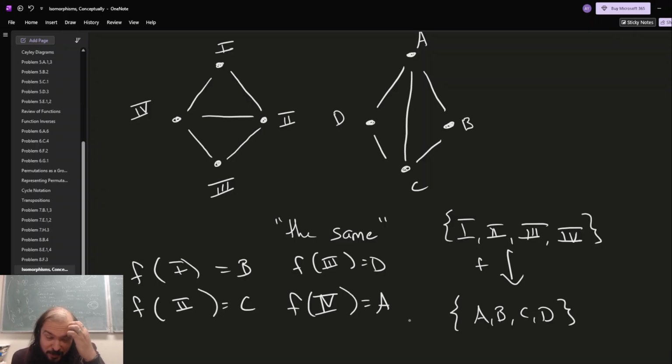And if I've done this right, you guys should probably check over my work, what I've done here is I have essentially rotated one graph onto the other so that now all the edges line up in exactly the same way.